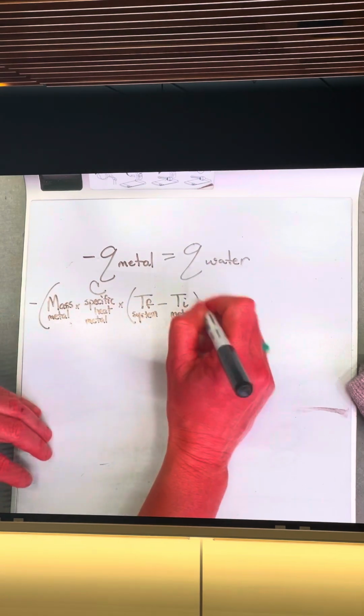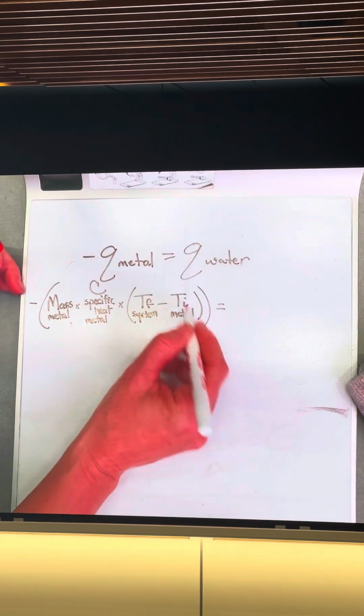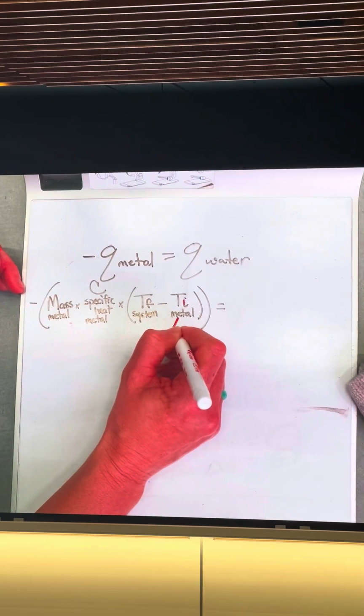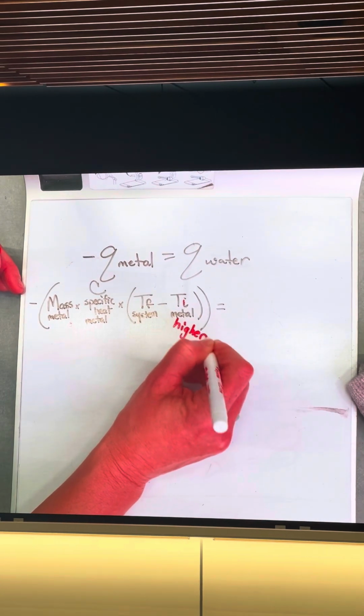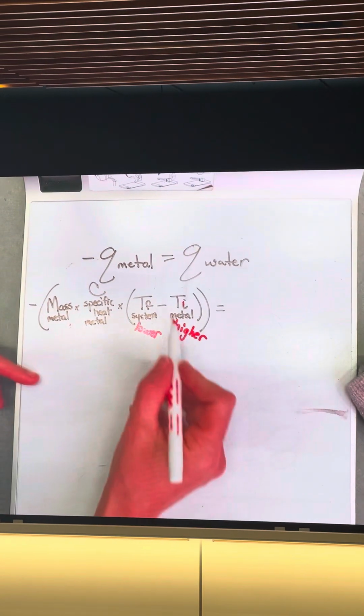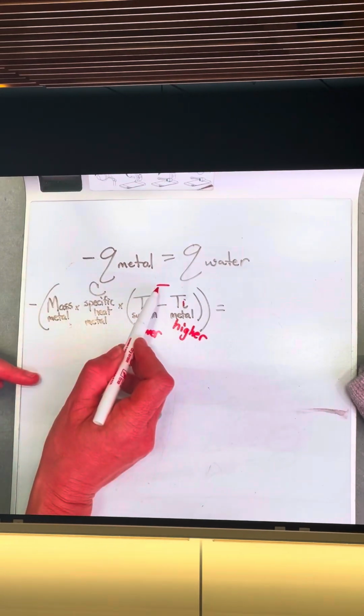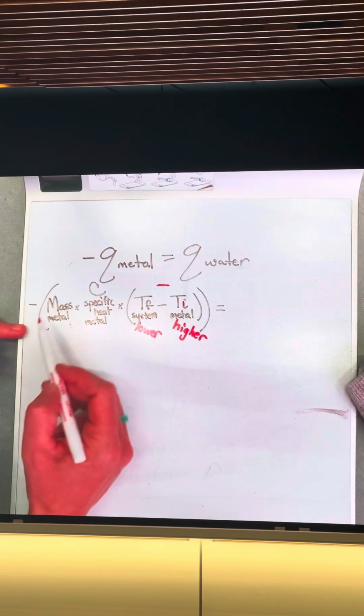And make a note to yourself that the initial temperature of the metal is going to be the higher number, and the final temperature is going to be the lower number. And that's going to give you a negative number right here. And that negative is going to make it become a positive. But don't apply that negative until the end.